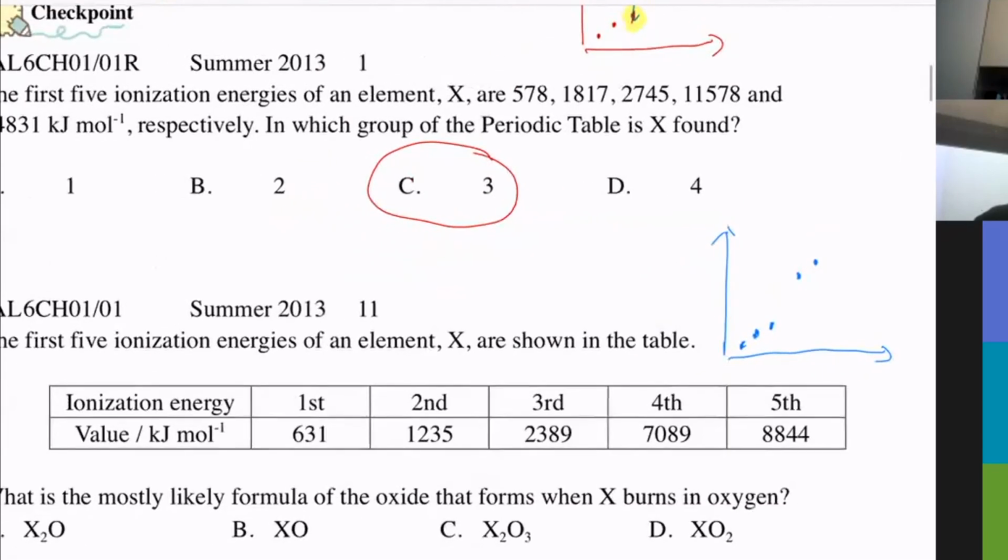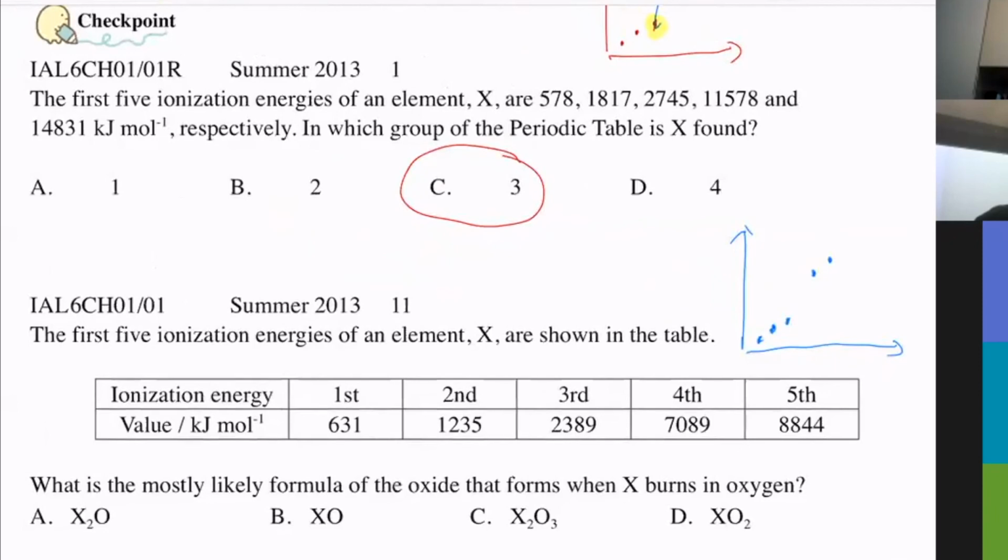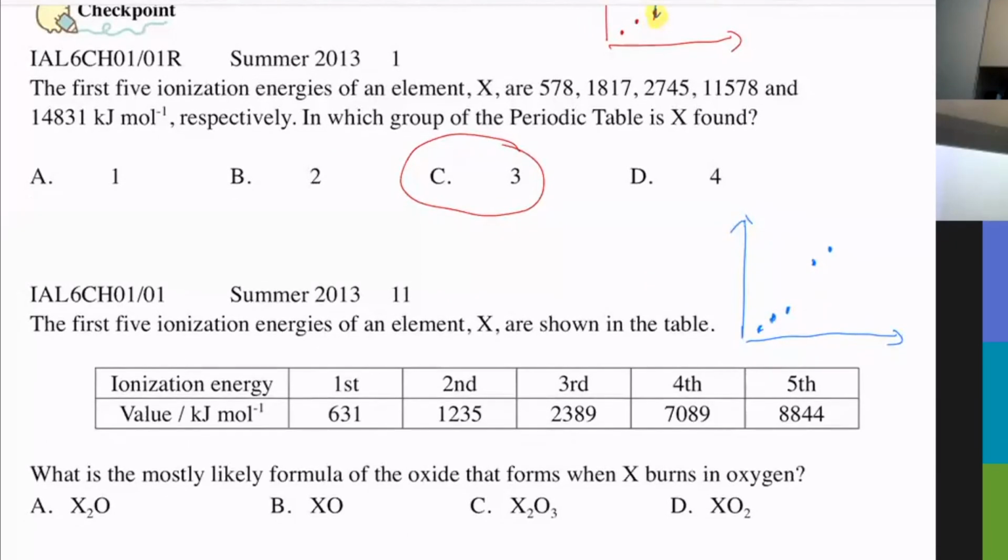So on this diagram, the gap is between the third and the fourth. So you spot the gap. The gap tells you these 3 electrons are in the same shell, and these 2 electrons are in the next electron shell. So there are 3 electrons in the outermost electron shell.